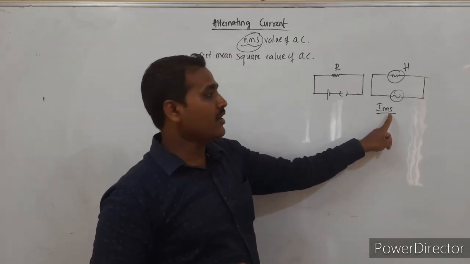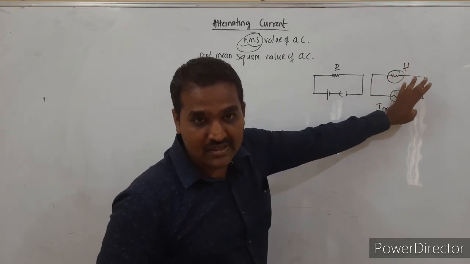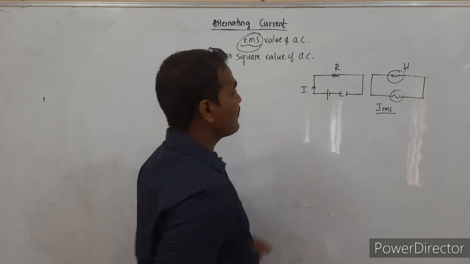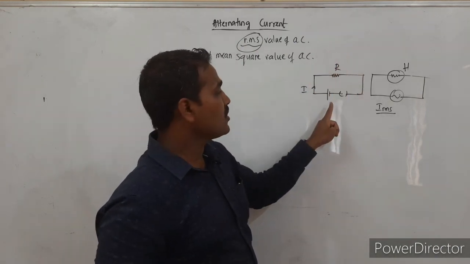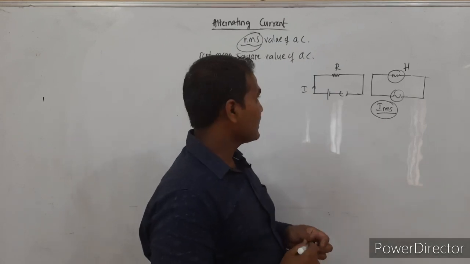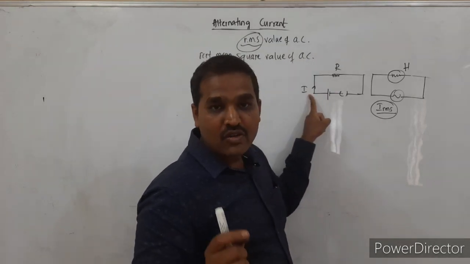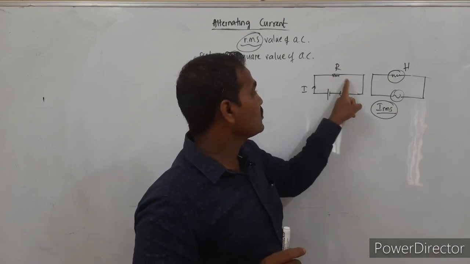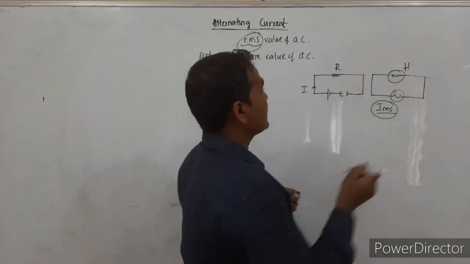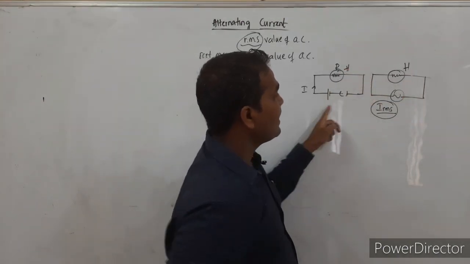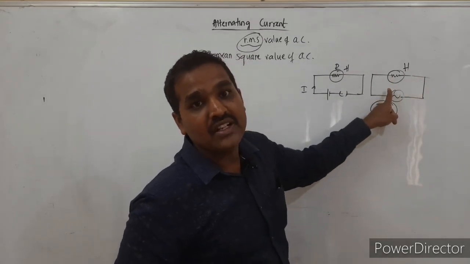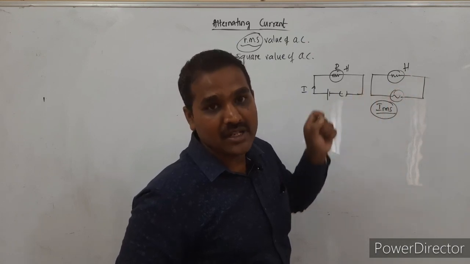It is the root mean square value of alternating current through this second circuit. Let us say there is some current I flowing through this DC circuit because of the DC source of supply. The RMS value of the alternating current is that value of steady current flowing through the DC circuit which produces the same amount of heat as produced in the AC circuit in the same time interval.